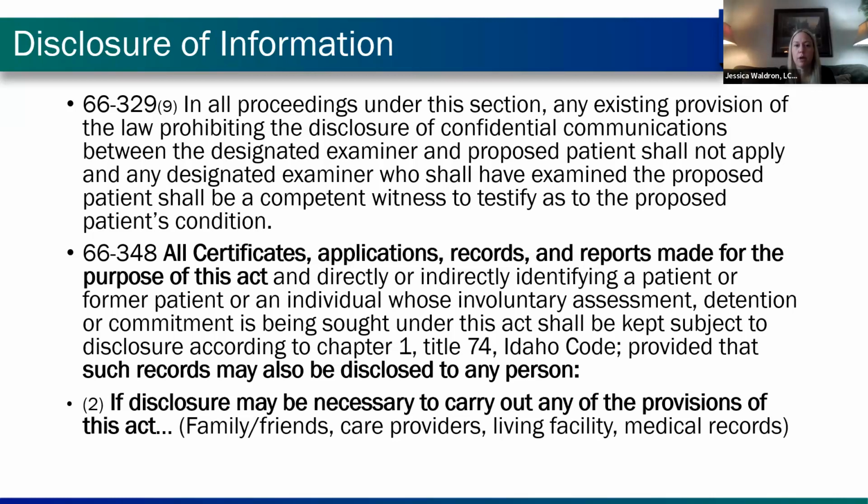Another thing too that I want to mention in this section, we as DEs are very cognizant of the relationships that family members and treatment providers have with those patients. And so if we are speaking with those individuals and gathering that information from them, we are not testifying to the sense of we heard this information from this individual. We just say, collateral sources have provided this information, or, we've received this information through collateral contacts.